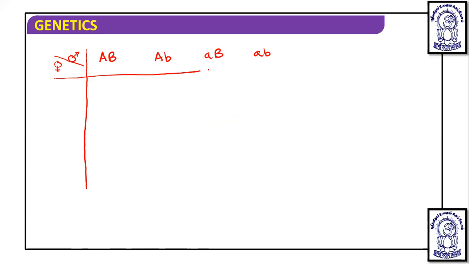Here, for capital A, small a, capital B, small b, the gametes are capital A capital B, capital A small b, small a capital B, and small a small b. Suppose these are the gametes of one particular plant, and we are taking it as a male plant. Now the gametes of the female plant we will write here.